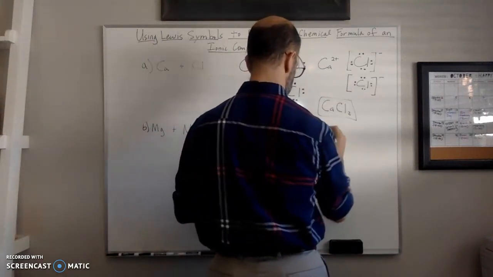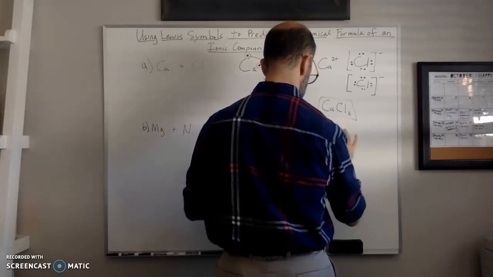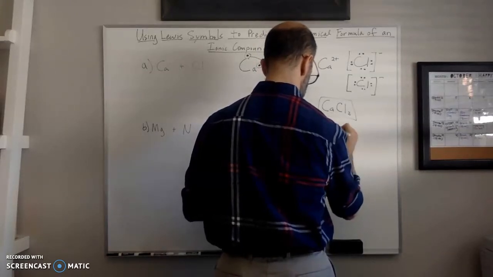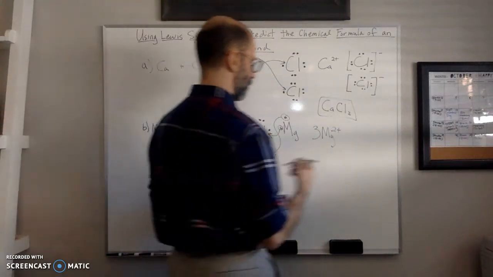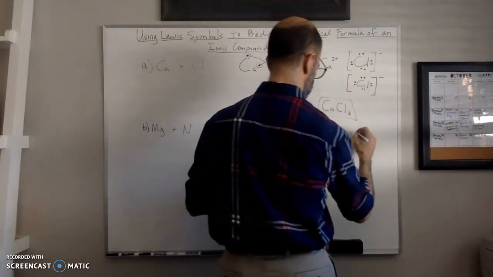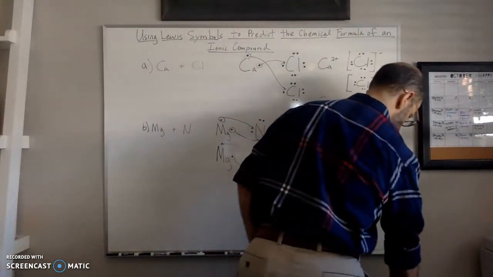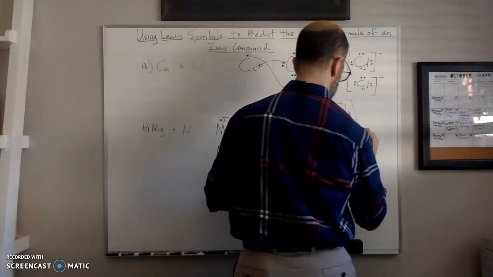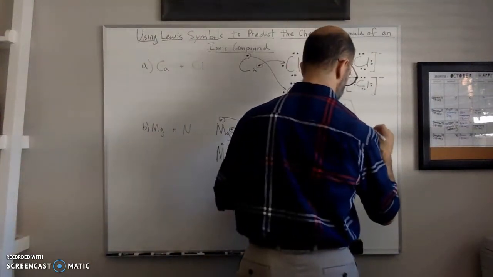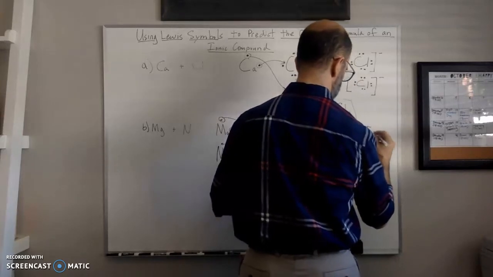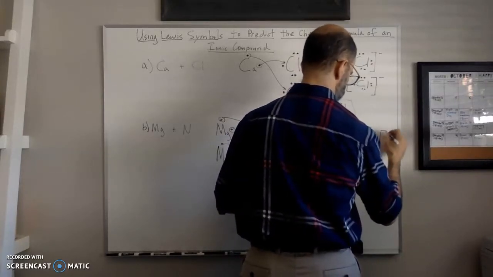So it's going to be 3 Mg 2 plus, because each magnesium lost 2 electrons. And then we have the nitrogen, it's going to be 2 nitrogen, but the nitrogen is going to be in brackets because it's got a negative charge.